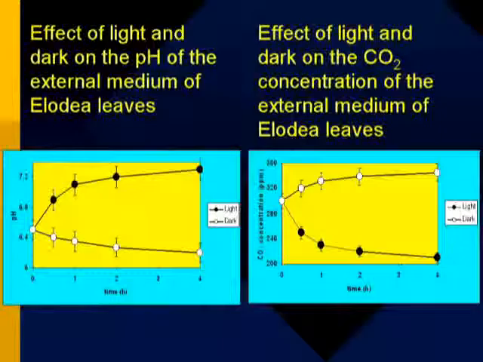So if we put plants into normal water and switch on the light, they will start to photosynthesize and they will increase the pH, and this pH increase is associated with a concomitant decrease in the carbon dioxide concentration, and the reverse process applies when we put the plants in the dark.